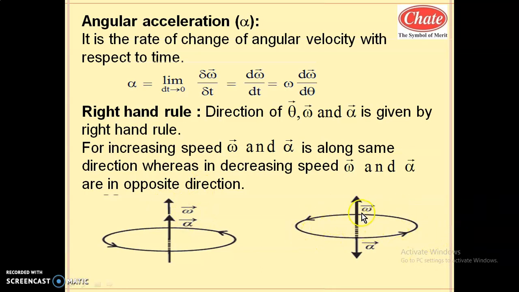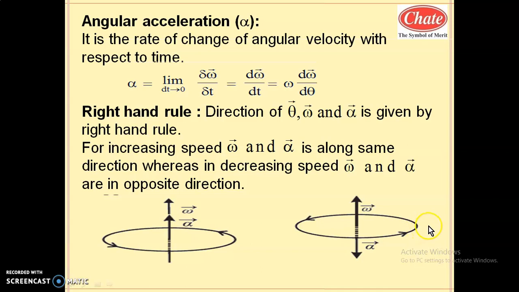It is similar to what you have studied in the force case. Suppose there is a moving body, and you start applying a retarding force. The direction of the retarding force on the moving body is opposite. The same is the situation here. The particle is moving in this direction, and whenever you apply the brake to stop it, you are applying a torque, similar to a force opposite in direction.